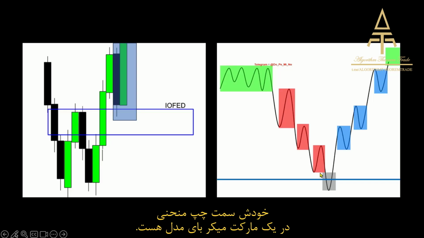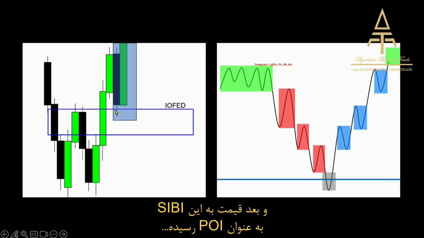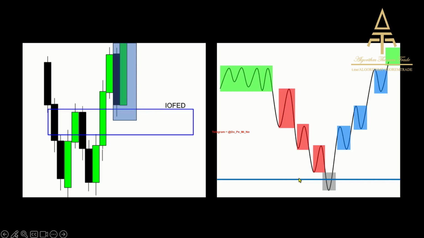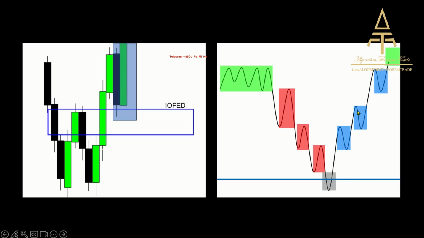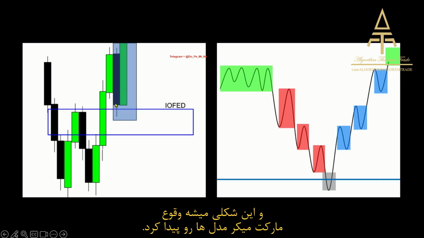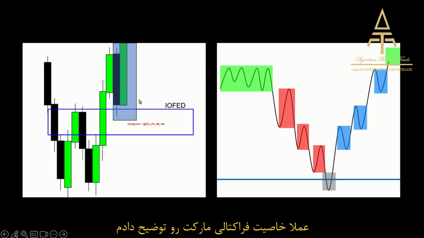We then see that the POI, this old CB, this blue line, gets reached. Smart money reversal takes place, and then this big up close candle occurs, which is the buy side of the curve. And that's how you can see whether or not market maker models unfold within one another. It's the fractality of the markets explained.